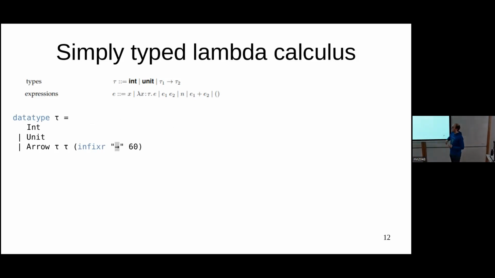The types don't bind any variables, so we just use a normal Isabelle datatype for that, and the definition looks very similar to the one you would write in LaTeX. The only thing is we explicitly say, okay, this will be the infix notation for this constructor. But other than that, same thing. The expressions are a bit more interesting. So here's the new stuff.